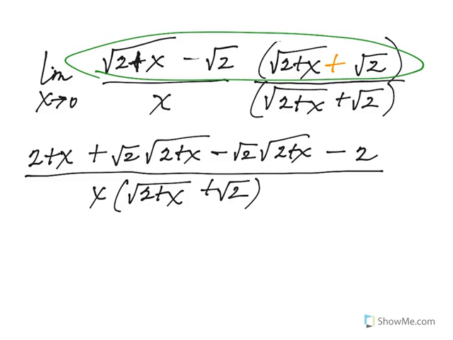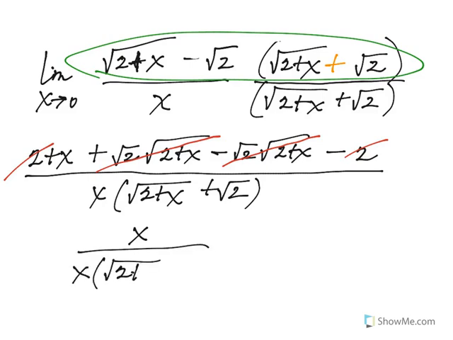All right, what you'll notice here, as I multiply by the conjugate, is that this term and this term cancel each other out. I can also see that I've got a 2 and a negative 2, which cancel each other out. And that just leaves me x on top and an x times (root 2 plus x plus root 2) on the bottom. Now, if I still take the limit as x goes to 0, I'm still in indeterminate form.